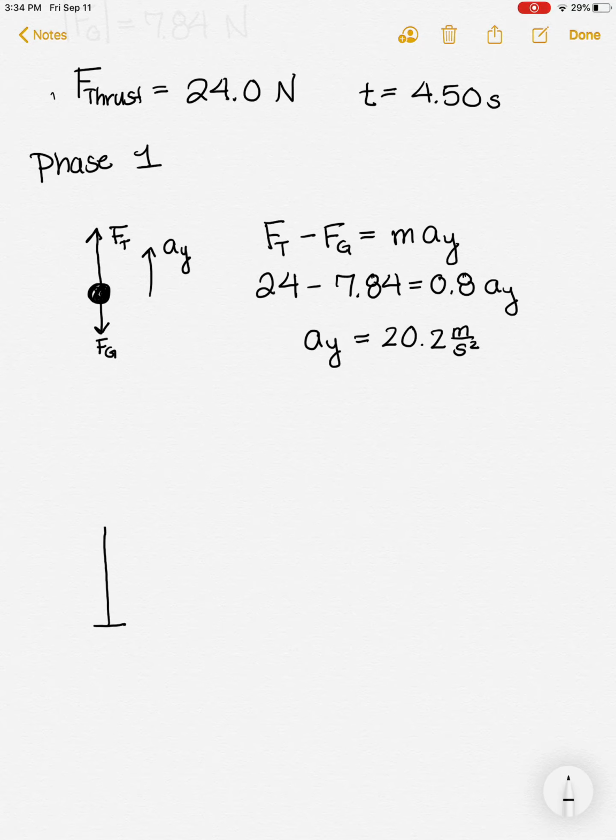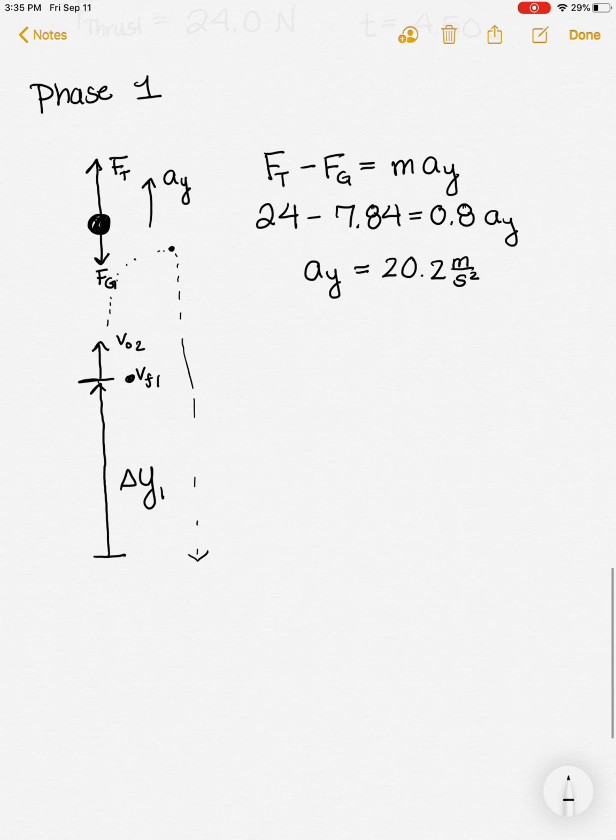So we want to figure out this altitude, which we'll call delta y1, which is where the thrust ends. And then we know that the rocket is launched, with then a final velocity at this point, which will be equal to the initial velocity up here. And then it's going to go up, and then reach this maximum altitude, and then go down.